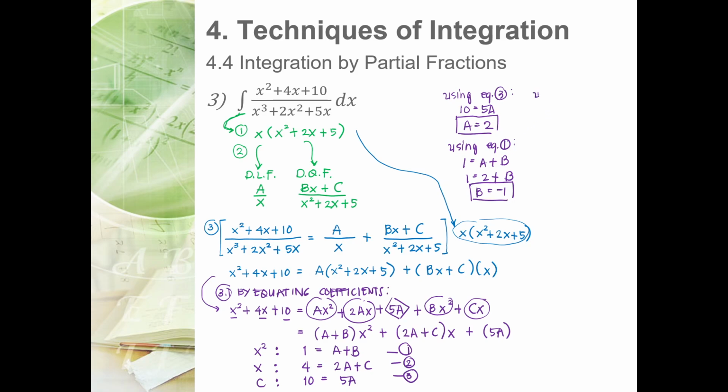And then lastly equation 2: 4 is equal to 2a plus c, then 4 equals 2 times 2 plus c, so c is equal to 0. All right, so we are done with the partial fraction decomposition.